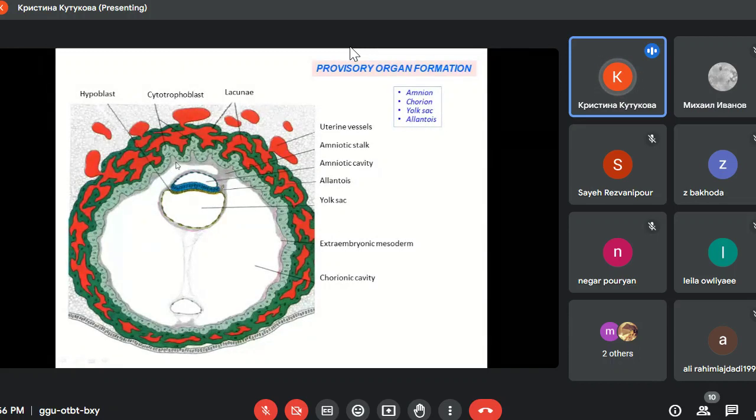This lighter grayish area in the structure of all of them is the primary mesenchyme or extra-embryonic mesenchyme, because it is outside of the embryo itself. The embryo itself is here. It is composed now of two layers, epiblast and hypoblast. And we already have our extra-embryonic or primary mesenchyme.